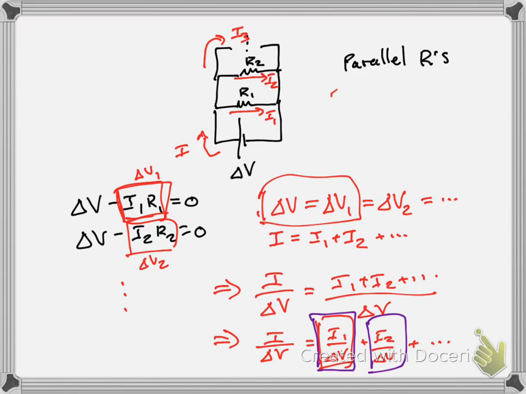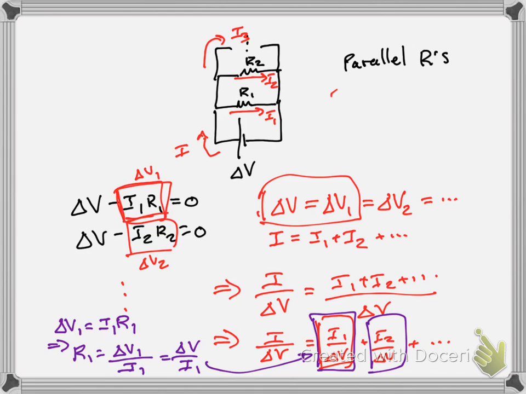The quantity in the second purple box is 1 over R2, because, let me just write over here, delta V1 is equal to I1 R1, so therefore R1 is equal to delta V1 over I1, and delta V1 is just delta V. So this quantity here must be 1 over R1, and this quantity here is 1 over R2.